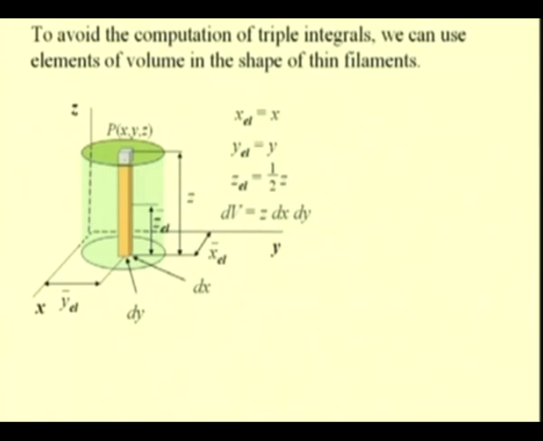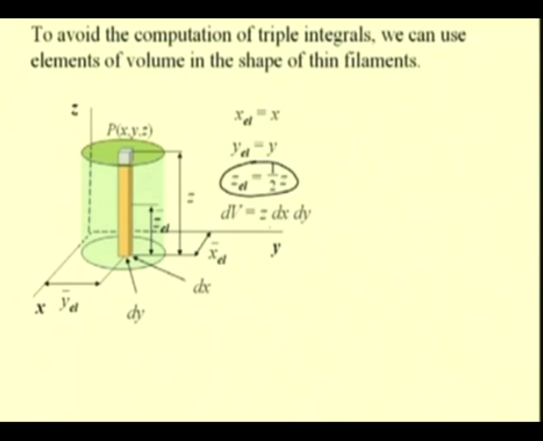So, for this element, z element bar is the location of the centroid, which is nothing but z by 2. And the location of the centroid in the x and y directions are x and y itself, because we are considering it as a very small element where dx and dy tend to 0.